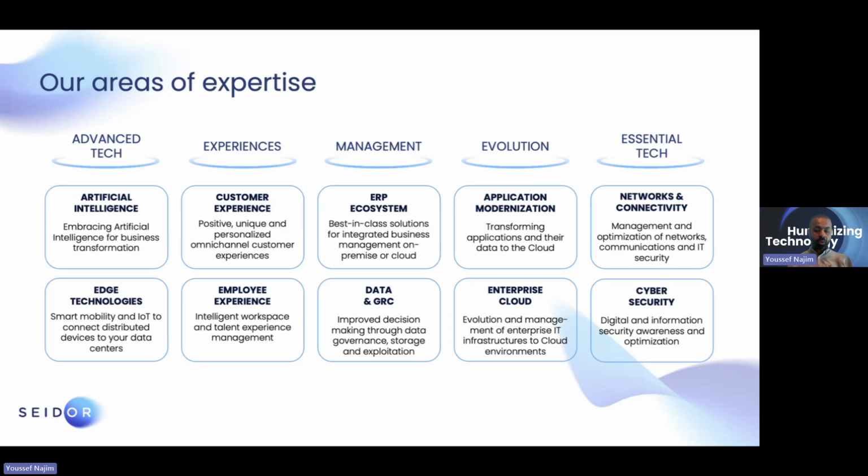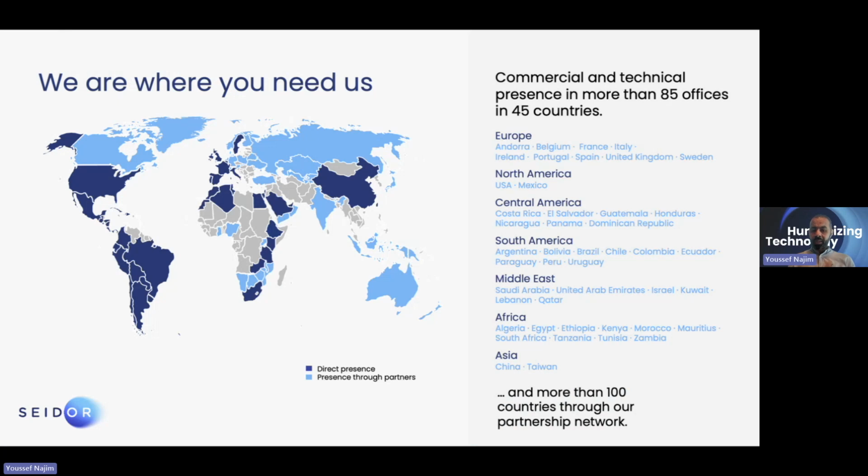In terms of evolution, we help you with your digital transformation and your cloud migration, and also we have a specific interest in the network and connectivity more globally than in the region. As I said, we have a global footprint in these 45 countries.